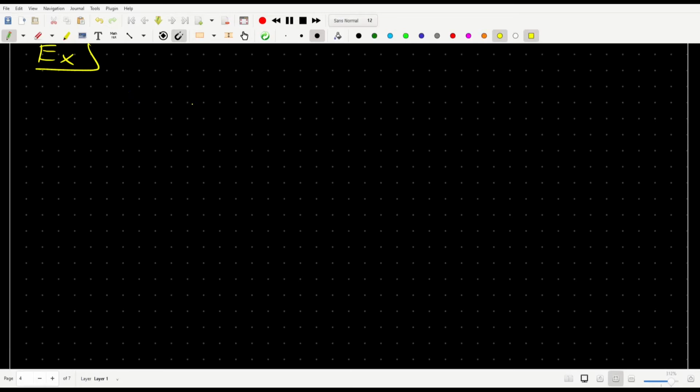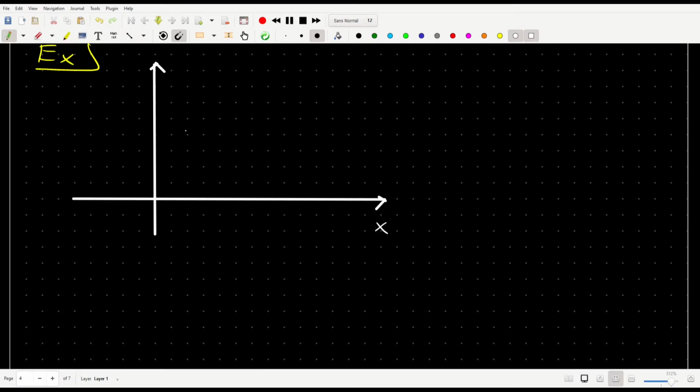The first one's going to be relatively simple. This is going to be the example of a straight line of slope m. So just like before, assume that we have the parametric equations of a line. x is equal to m1 t plus x naught, and y is equal to m2 t plus y naught.